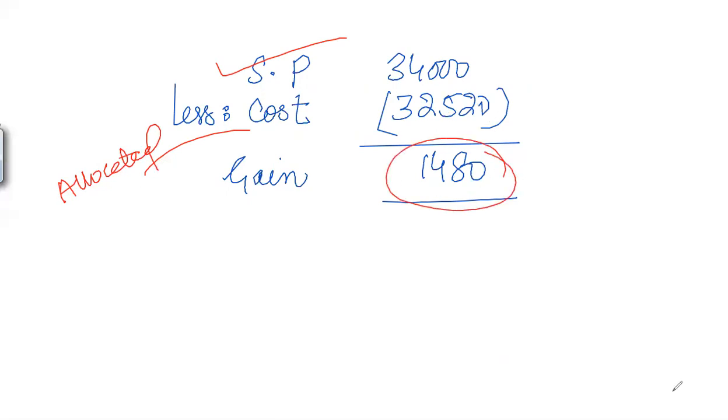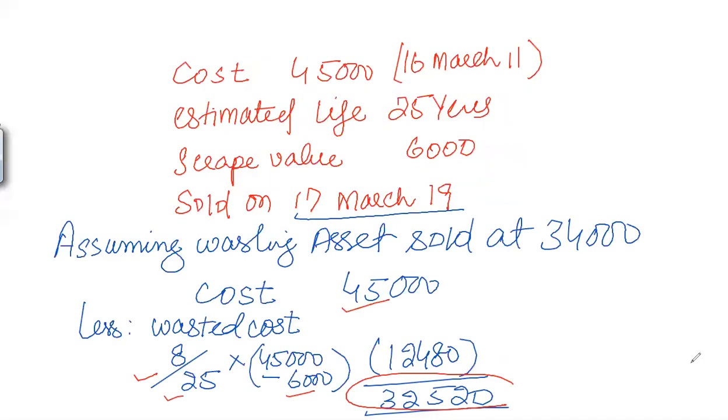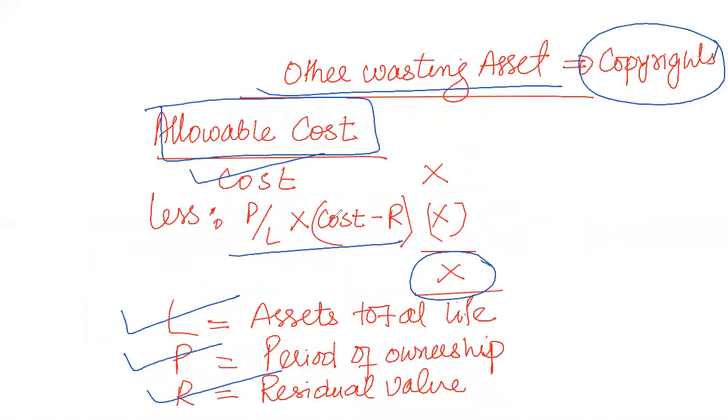So in the case of a vesting asset that is not a chattel, we can say that you have to apply the formula to convert your cost into the allocated cost. Whatever is the vested cost is to be deducted as per the formula, that is P upon L into cost minus R, and then you will be able to get the figure.